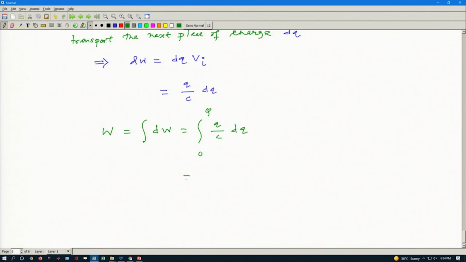So, this amount is simply half of 1 by C then Q square, simply Q square divided by 2C.